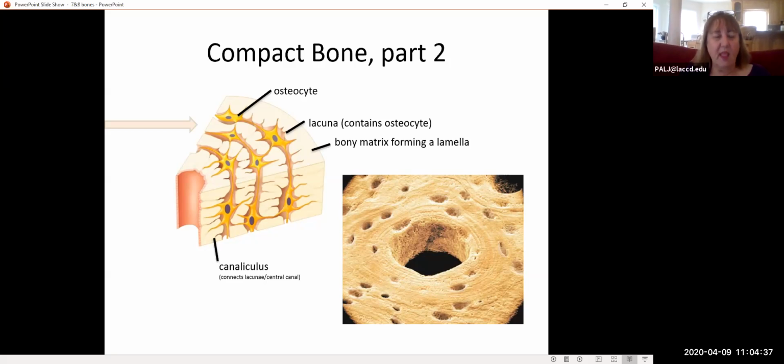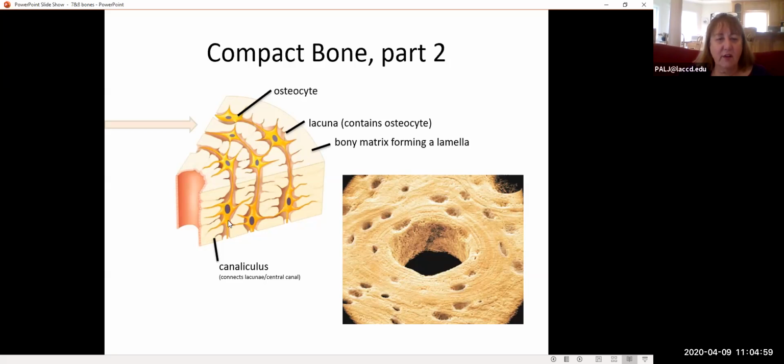So think of them as tiny little canals, because each one's called a canaliculus, which just means a tiny little canal. And what happens is the osteocyte that is located in the lacuna sends out little arm projections into each of those little canaliculi. And so then they can reach to get the nutrition from the blood over here.